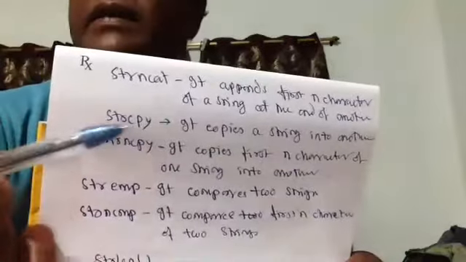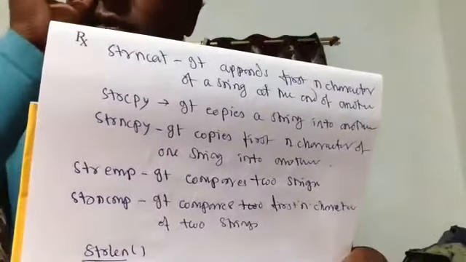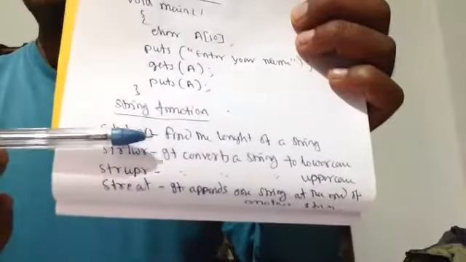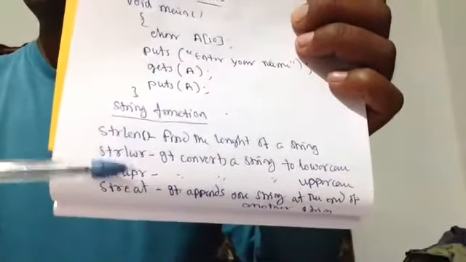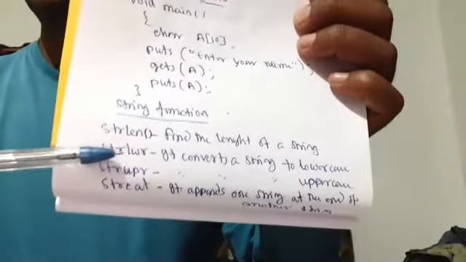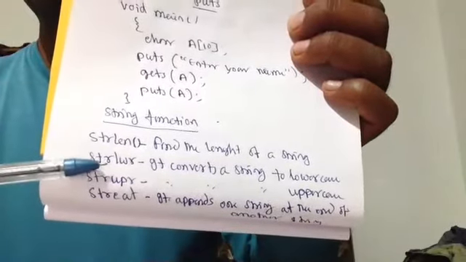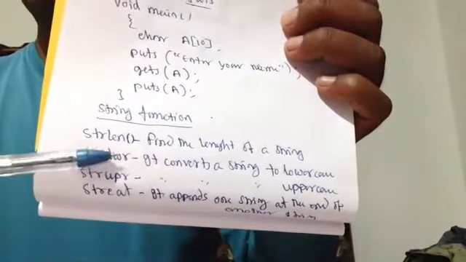So likewise, you just note it down. This is called strcat. Cat means concatenation. Sorry, this one, strlen, with a pair of parentheses, I'm not writing it here. Next, strlwr. LWR, string lower.